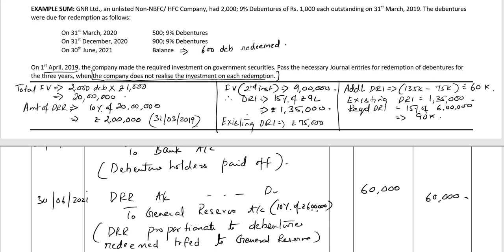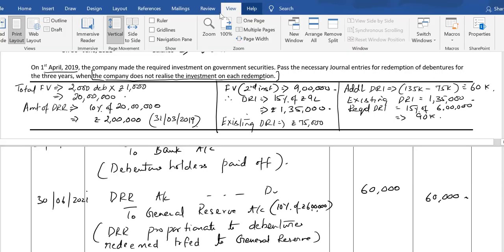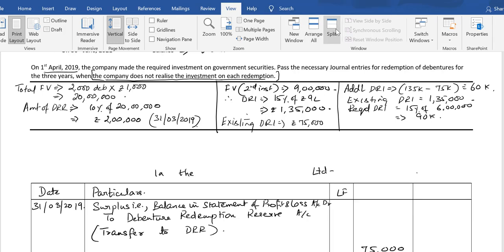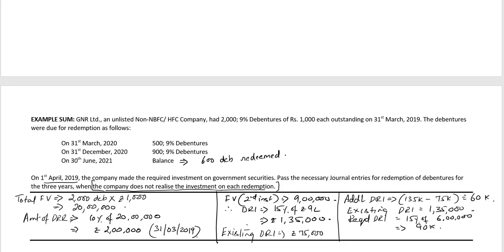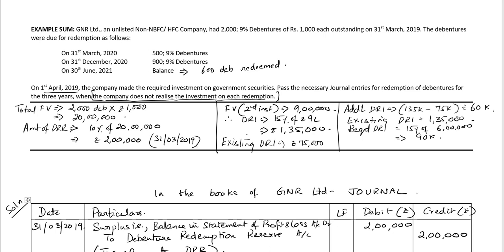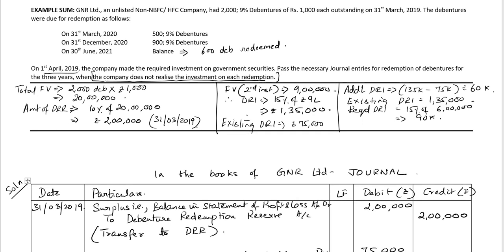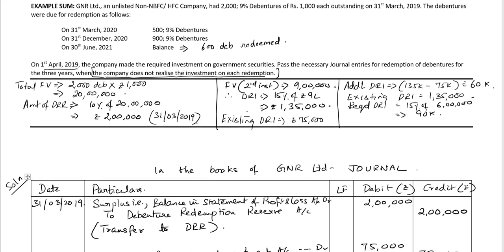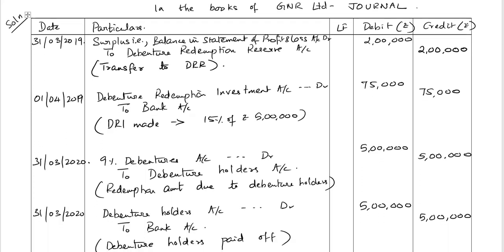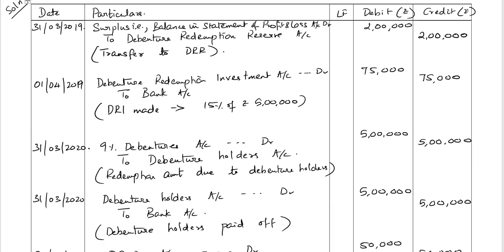So the entries are done. We will view the answer. I will remove the split. That's the example sum at the top, followed by a few working notes. The first screen of journal entries.